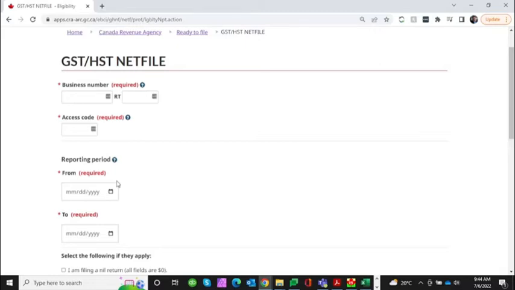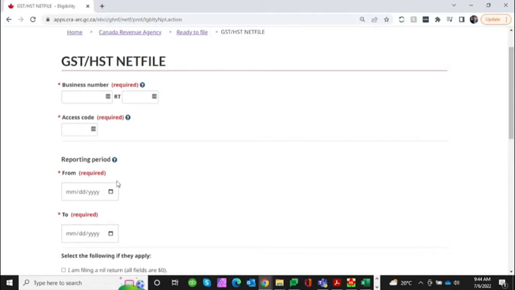You can claim those ITCs against the HST that you collected from customers, and whatever the net amount is, you either pay that amount to CRA if it's payable, or receive a refund from CRA if your ITCs are in excess of the HST collected from customers.